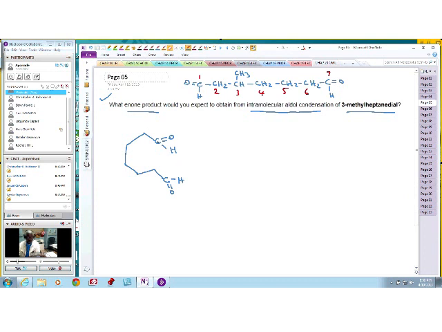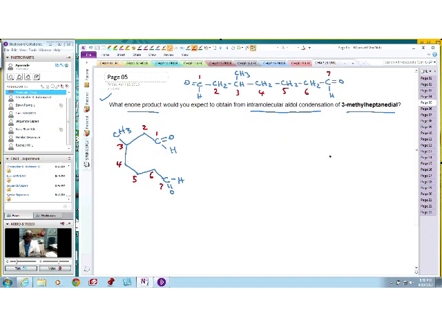Let us number this: 1, 2, 3, so a methyl is here. Carbon 1, 2, 3, 4, 5, 6, and 7. They say heptanedial, in other words, you have 7 carbon atoms.